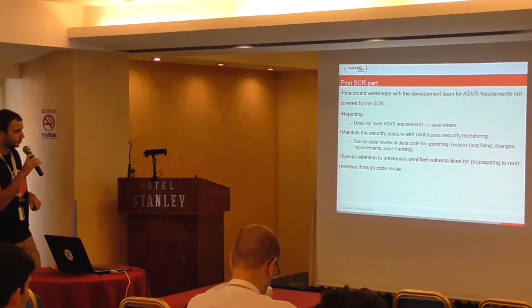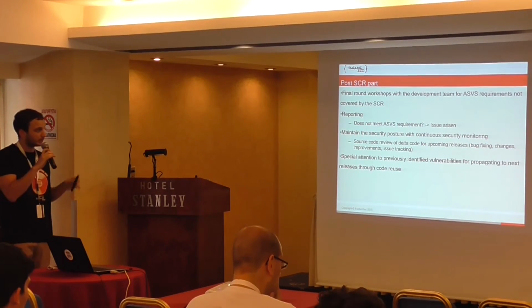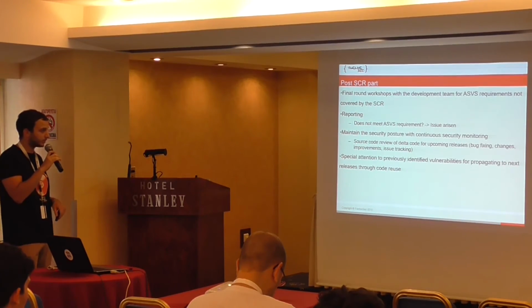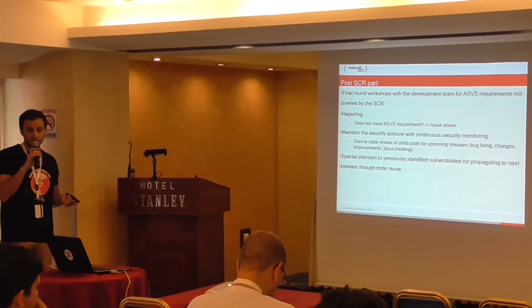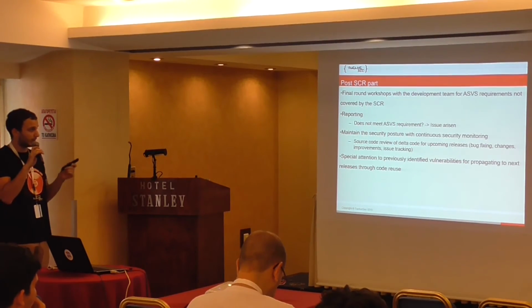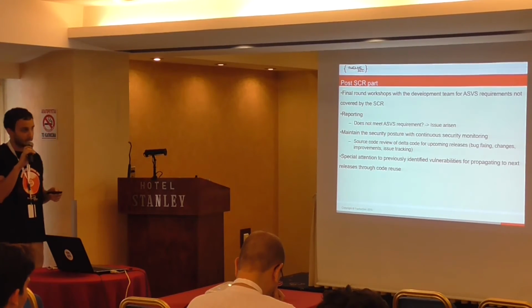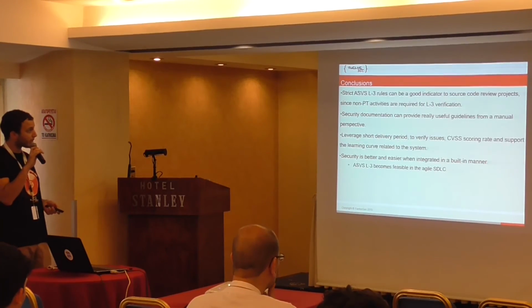It's also a good practice to maintain the security picture of the system by continuously monitoring the upcoming releases in terms of diffs, the files that usually implement bug fixing and further release requirements. What was also identified in this part of the process is that previously identified vulnerabilities in the major code base in scope were still propagating in the next releases through the code reviews of the development team.